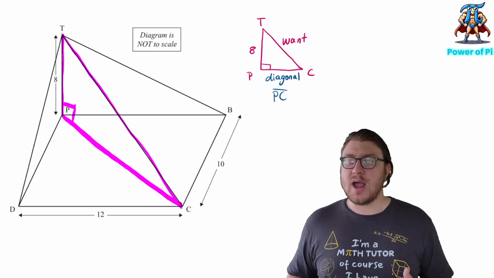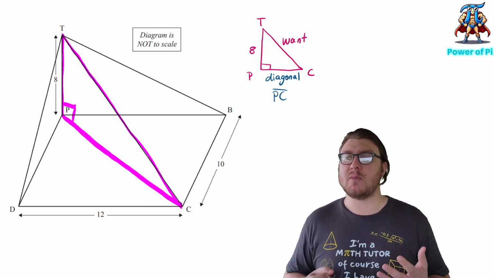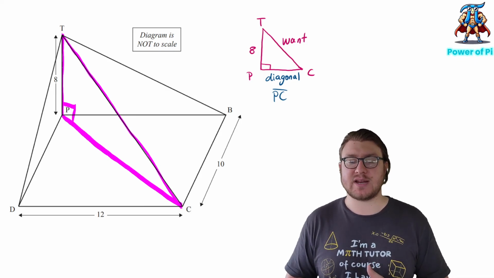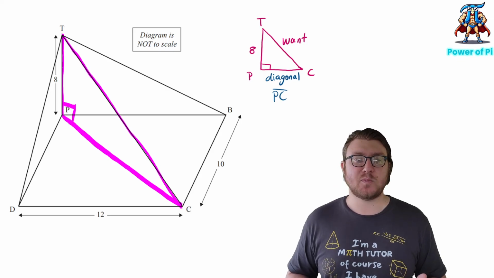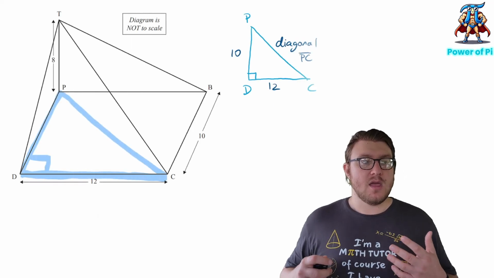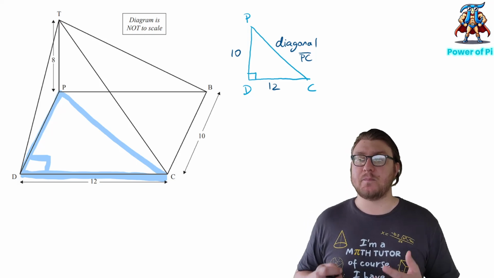So now I'm going to check what the triangles are that I can form using this one line. And this pink one is the first one that comes to mind. And remember, we were told that the height going from P to T is perpendicular to the base. Another triangle that I can see is the bottom part.